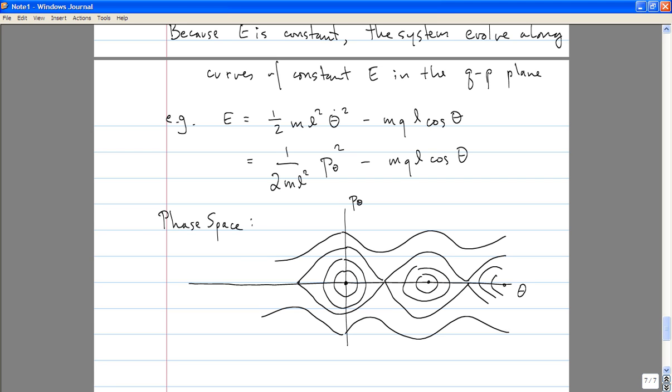So the lines where energy is less than mgl are given by closed contours on this plane. So for example, if this is the point theta equals 0, then there's only one point where p theta is equal to 0 and theta equals 0, that corresponds to a curve where the energy is exactly equal to minus mgl.